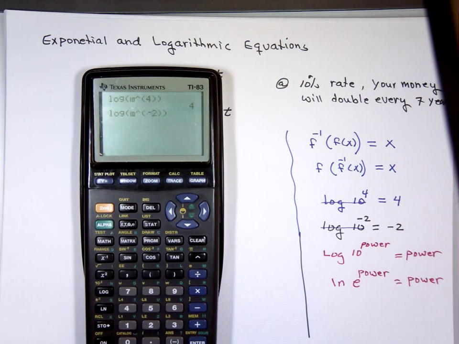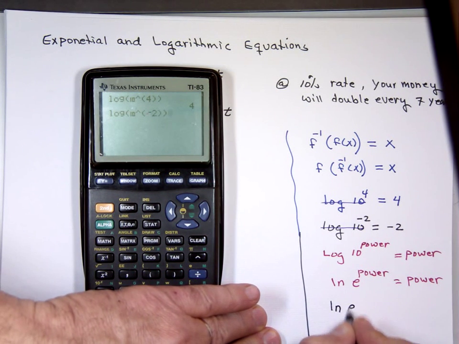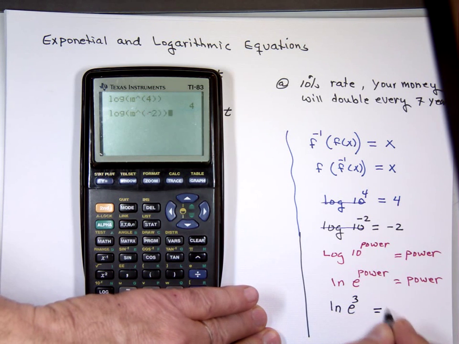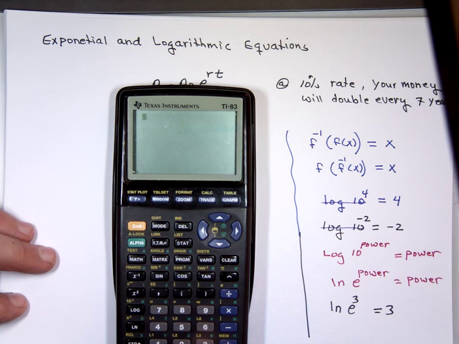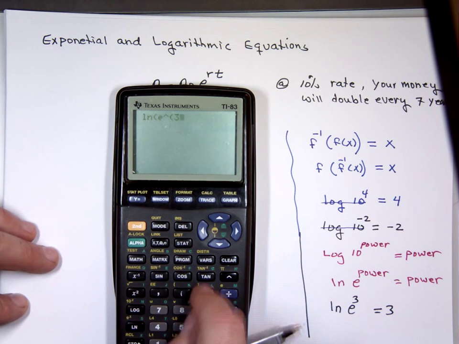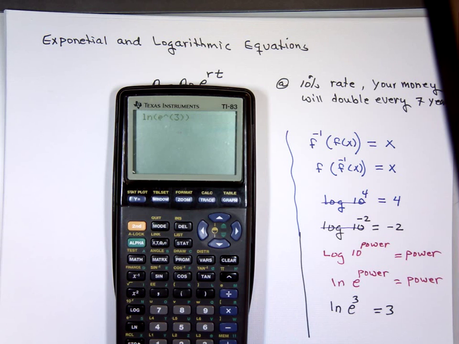So if I write the natural log of e to the third, the calculator should give me a 3. Let's try it. The natural log of e to the third should be what? 3? Yep, right there.